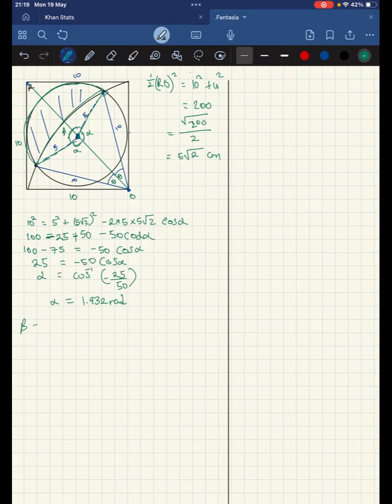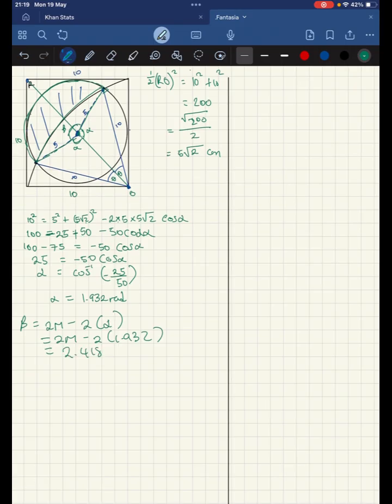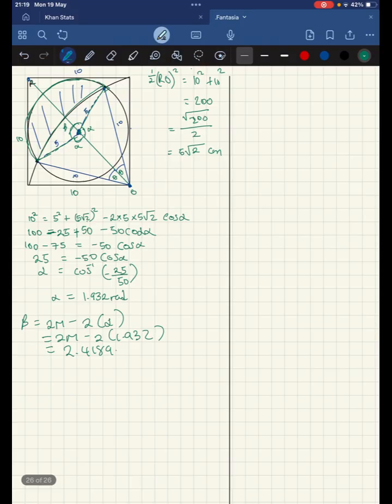So then we can say beta is equal to 2 pi minus 2 times alpha, right? So that's 2 pi minus 1.932. That will give us about 2.4189 radians.